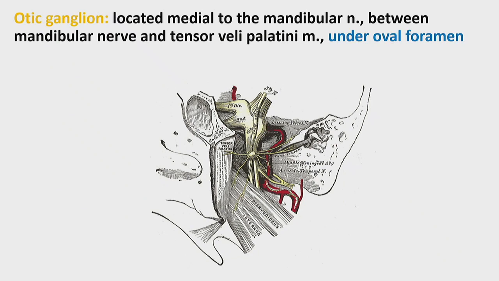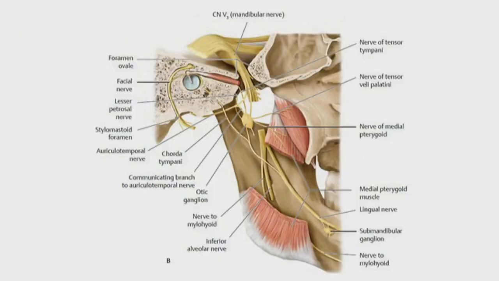The otic ganglion is located exactly under the oval foramen. So if you want to find the otic ganglion, which is a parasympathetic ganglion, it's exactly below the foramen ovale and medial to the mandibular nerve. And as we said, it's the parasympathetic ganglion responsible for the secretomotor or parasympathetic innervation of the parotid gland via the postganglionic fiber, which is the auriculotemporal nerve.